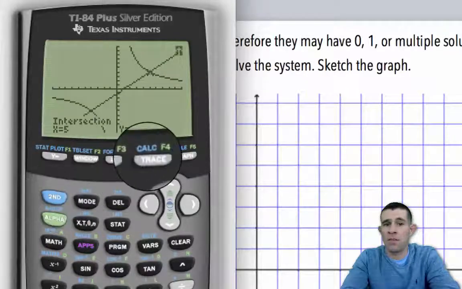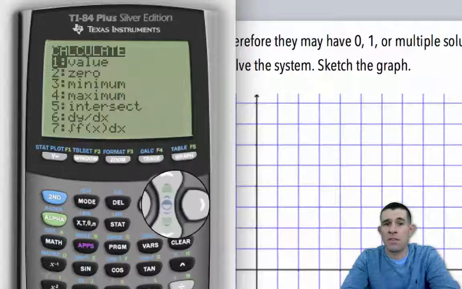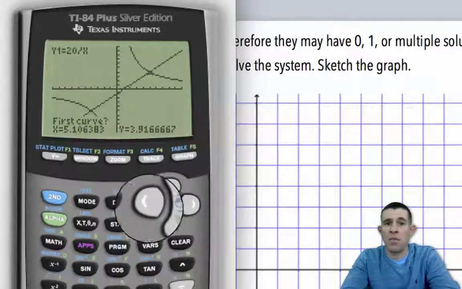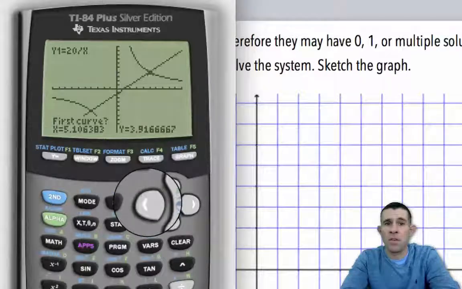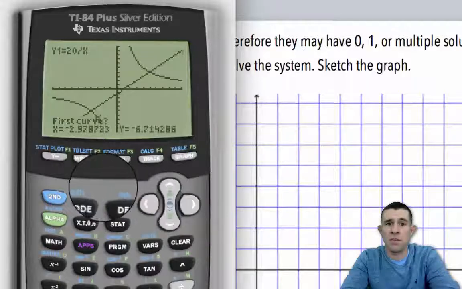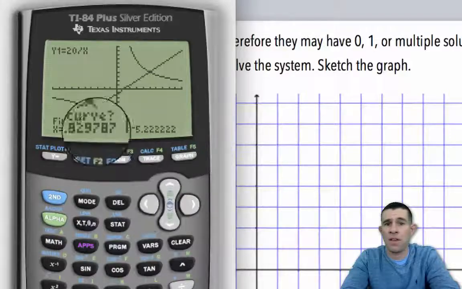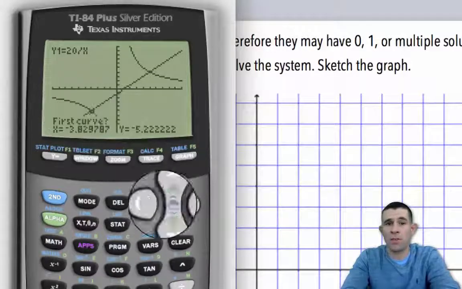Now let's go ahead and do that same thing again. Hit second function calc. Let's come down to intersect. And now, while we're on our first curve, we are going to go all the way over here to the other side, and you'll notice that it started to jump over, and now here it comes up on the left side of that, or the left branch in quadrant 3.